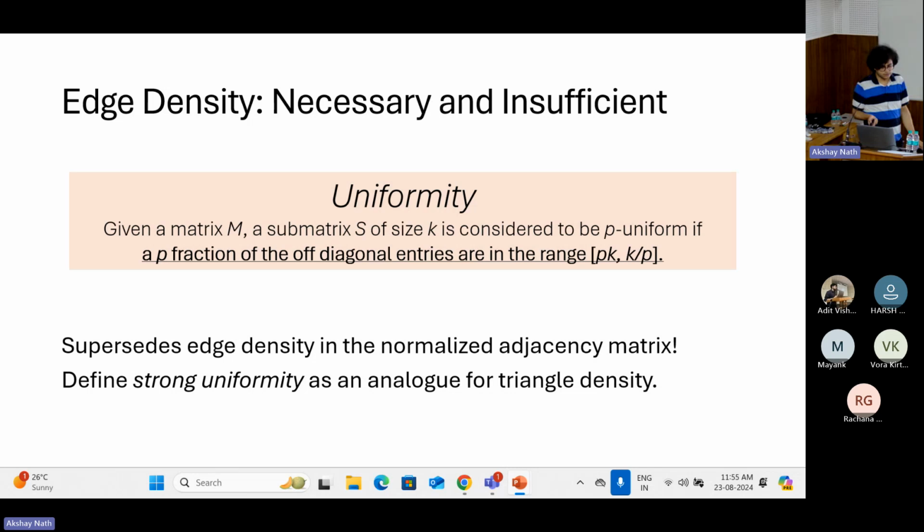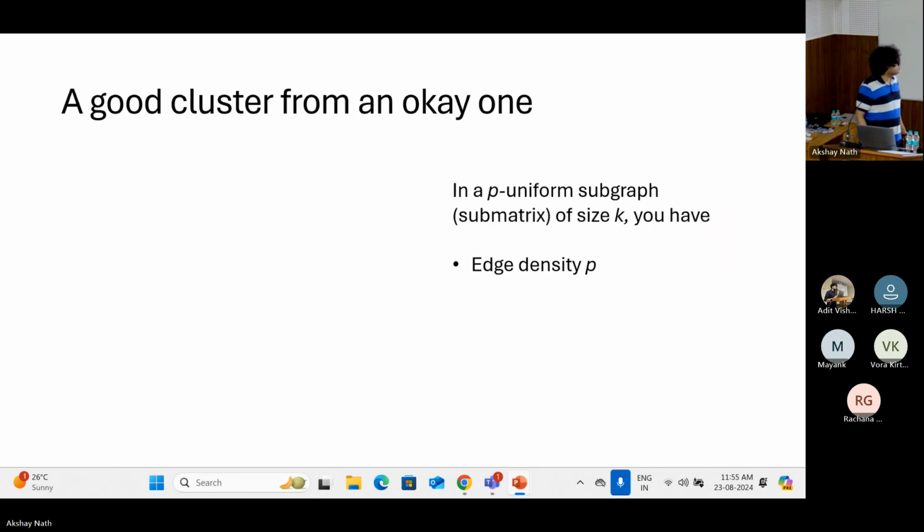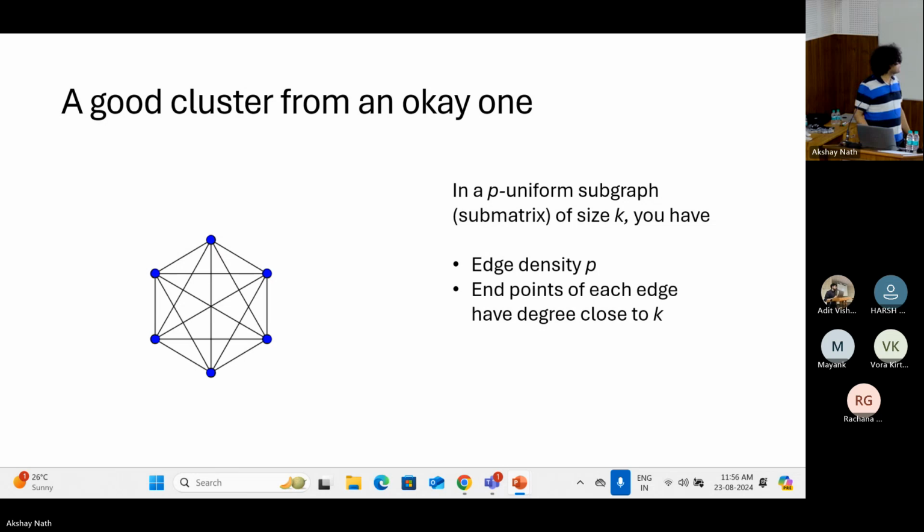But what more is uniformity buying you? Uniformity implies edge density P, and it also tells you that the endpoints of each edge of that P edge density must have degree close to the size of the subgraph. So let's take this clique. This is perfectly uniform, right? Suppose this clique exists in the normalized adjacency matrix.